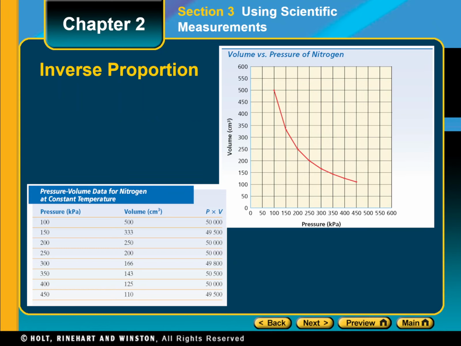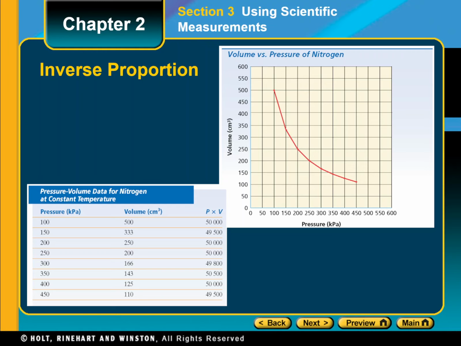The table on your screen here shows that the pressure and volume of a sample of nitrogen gas are inversely proportional. Here it is the product, meaning multiplication, of the pressure and volume at any particular time that is almost exactly the same. The graph of an inversely proportional relationship is a hyperbola.